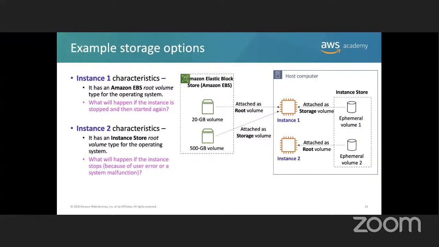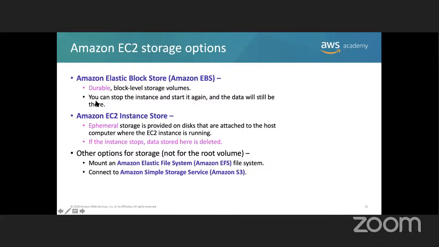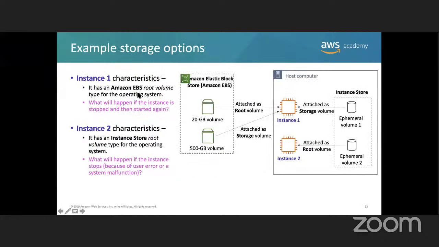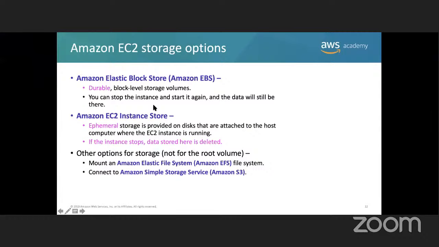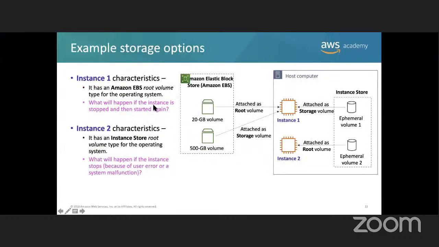Here we have an instance with an EBS root volume type for the operating system. What will happen if the instance is stopped and then started again? Well, we saw before that if you stop it, nothing will happen.